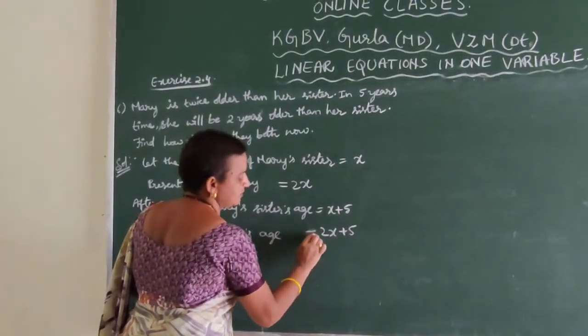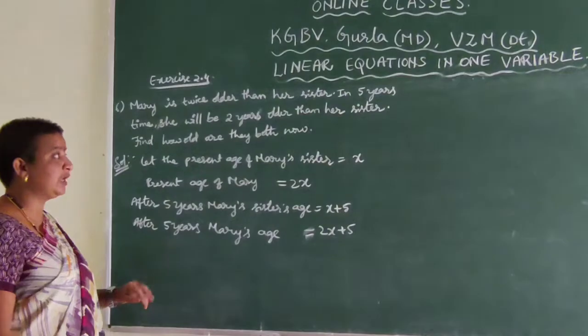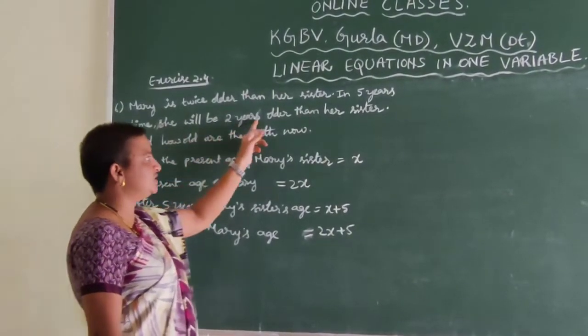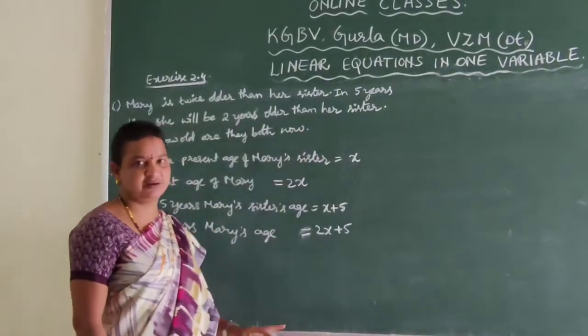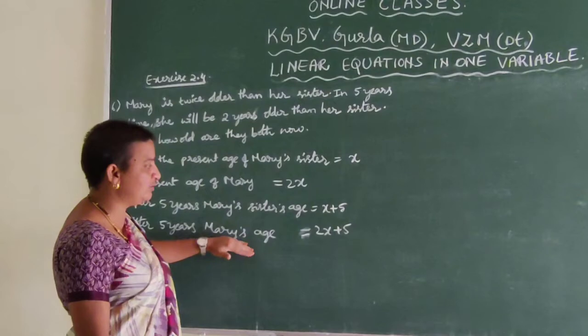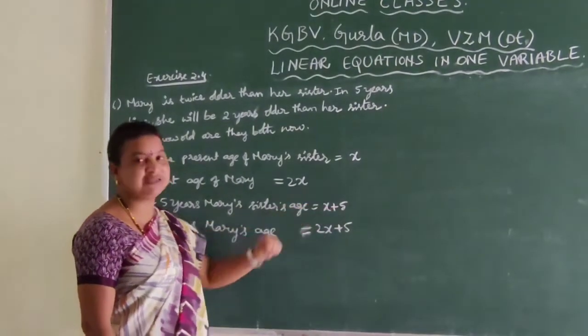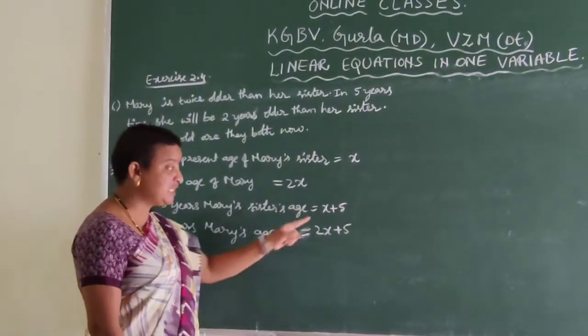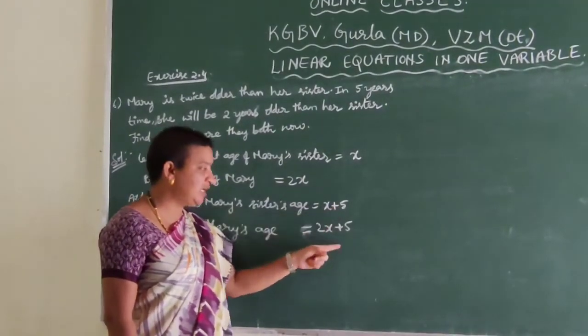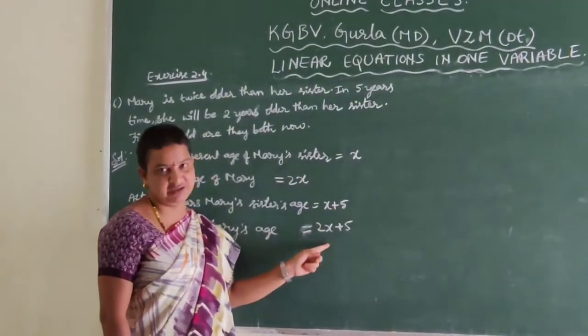2x plus 5. But in the problem given, after 5 years Mary will be 2 years older than her sister. That means if we add 2 to her sister's age, it will be equal to the age of Mary.